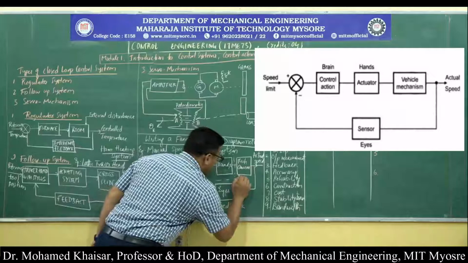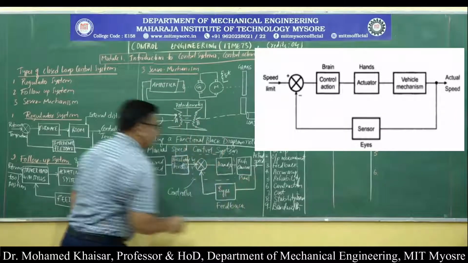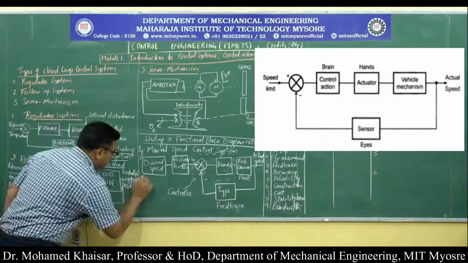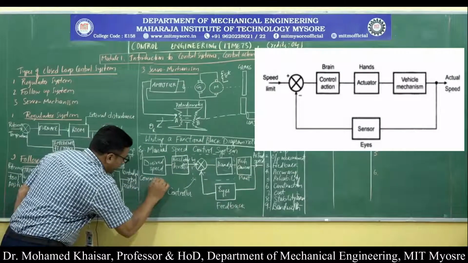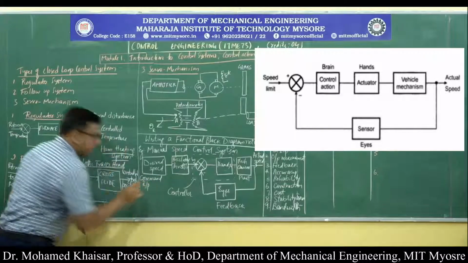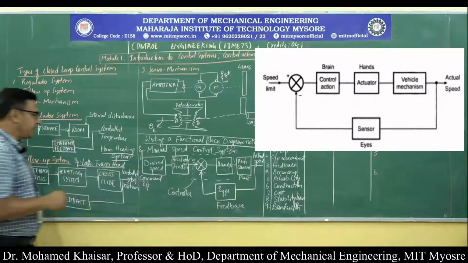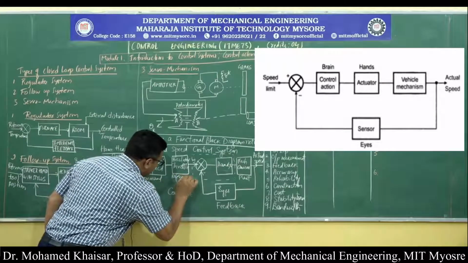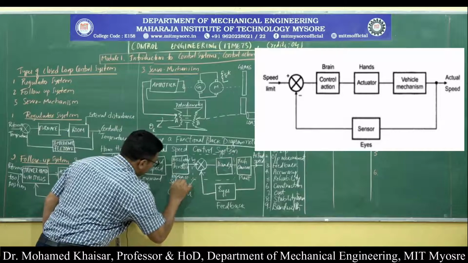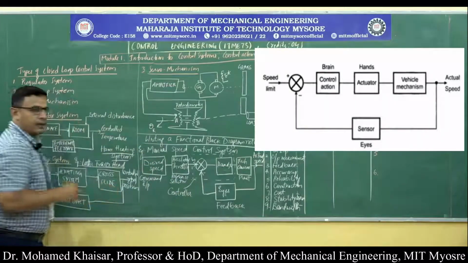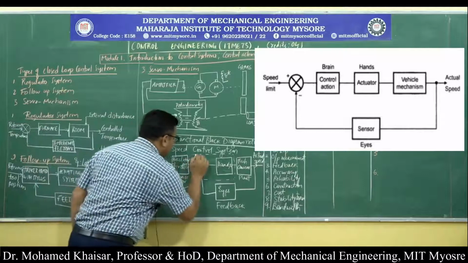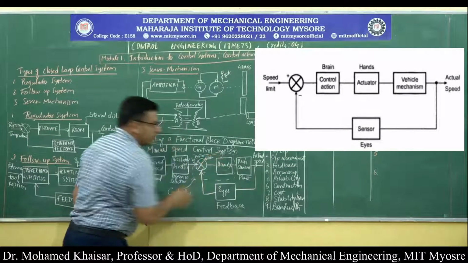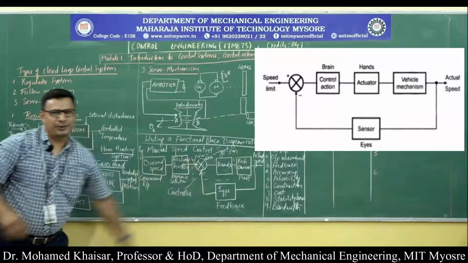This is the plant or dynamic unit, and this is the command input, because this is what is actually desired, and this is the reference selector, and this is the error detector. You need to adjust your visual a bit because I have no place to write here.